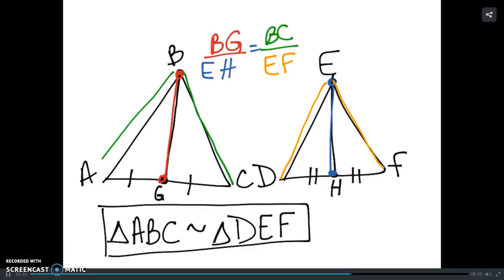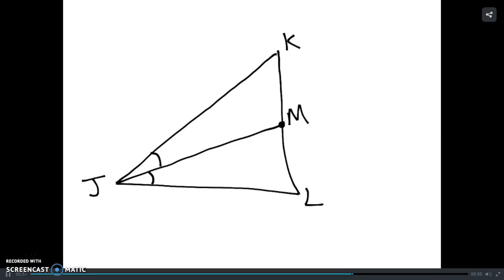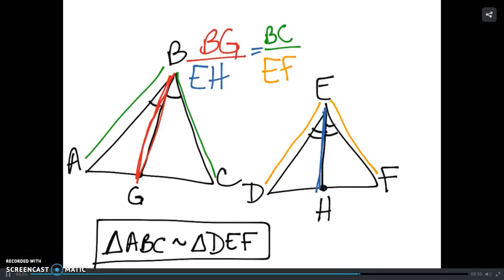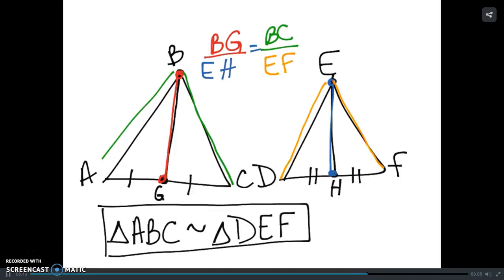Okay, so we have one more rule. Okay? And this one is going to be talking about the angle bisectors again. So you'll notice we talked about the angle bisectors here. And we were talking about the angle bisector length itself is proportional to the corresponding sides.